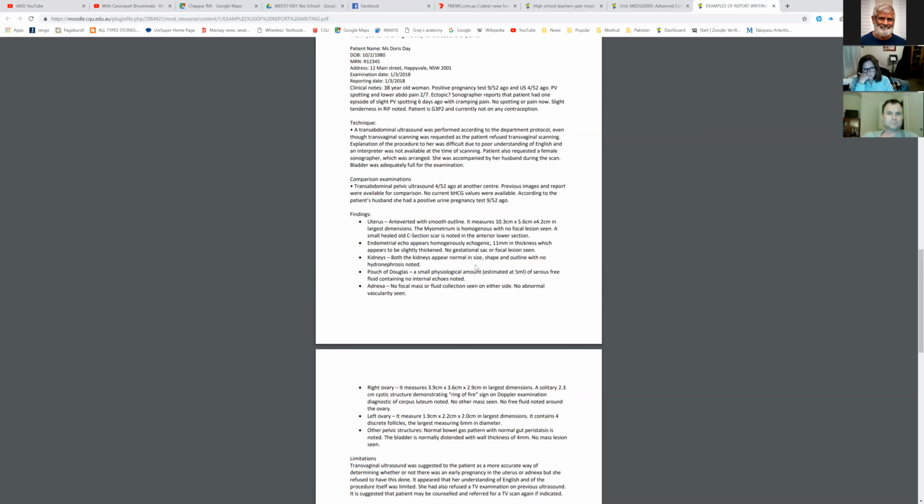Kidneys: both kidneys appear normal in size, shape, and outline with no hydronephrosis noted. I would mention bipolar length of the kidneys also, and corticomedullary junction distinction. Pouch of Douglas: a small physiological amount, probably not a good word, estimated at 5 ml of serous free fluid containing no internal echo noted.